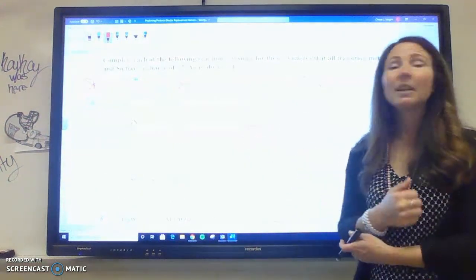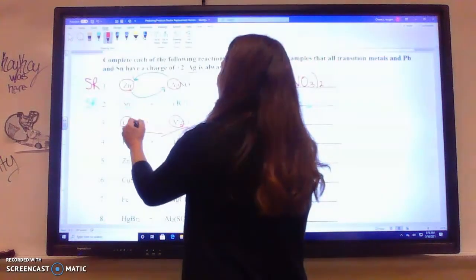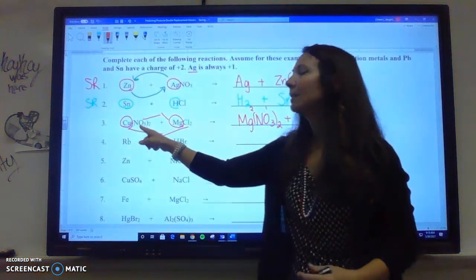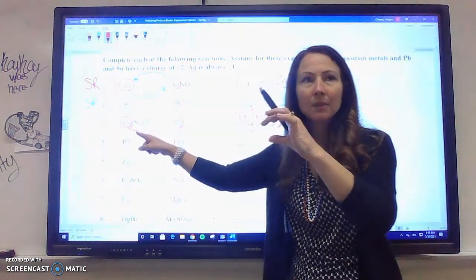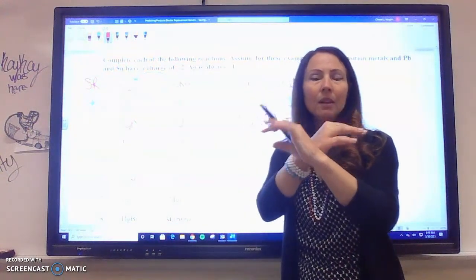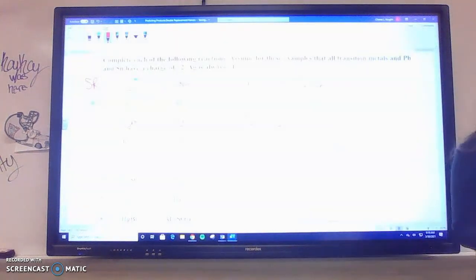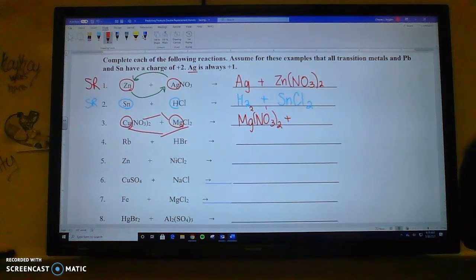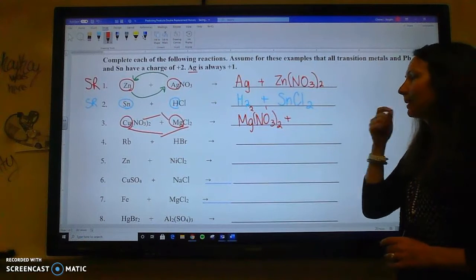So again, don't write it like, hey, I'm just going to put these two together and these two together, in this order because this one was on the left here. The metal comes first, then the non-metal component. I don't know if me explaining that made it seem more confusing or if that makes sense, but the metal's always written first, then the non-metal part. So it's magnesium nitrate, not nitrate with magnesium.